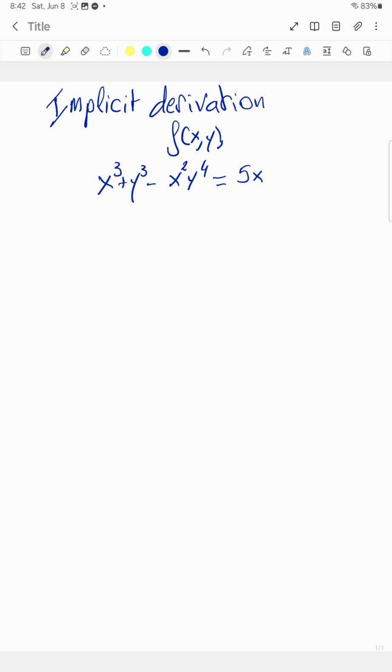So let's start. If I want to derive that function, because there is a plus and minus, I have to derive every component of the function.